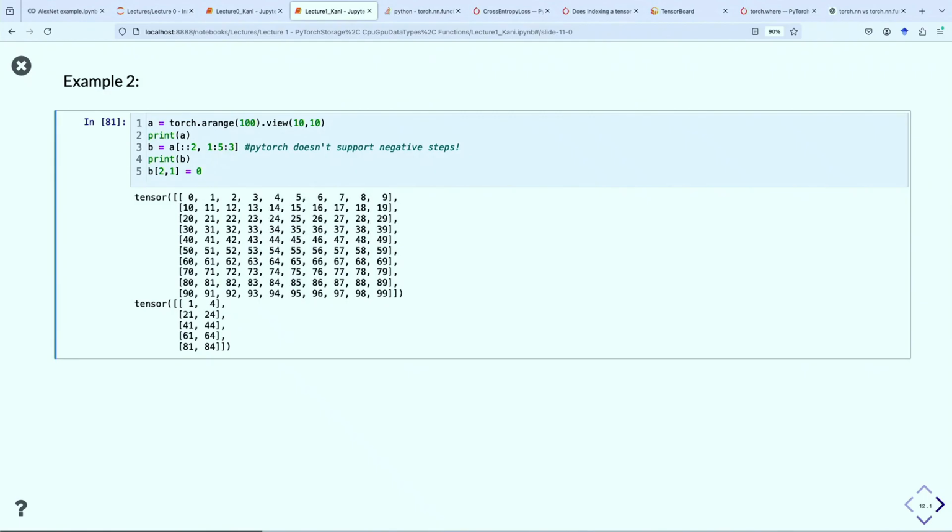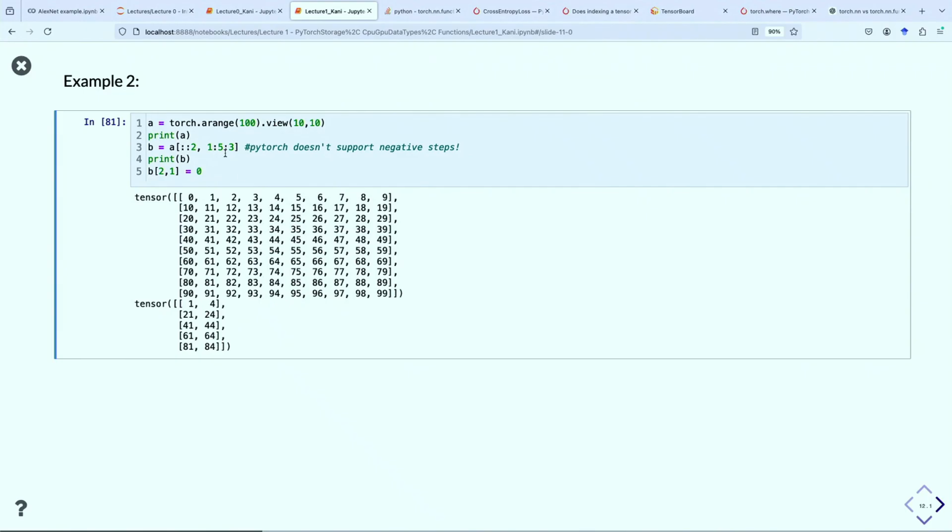Let's see. So if we have a new 10 by 10 tensor, we could take every other row and every 3 columns between 1 and 5.